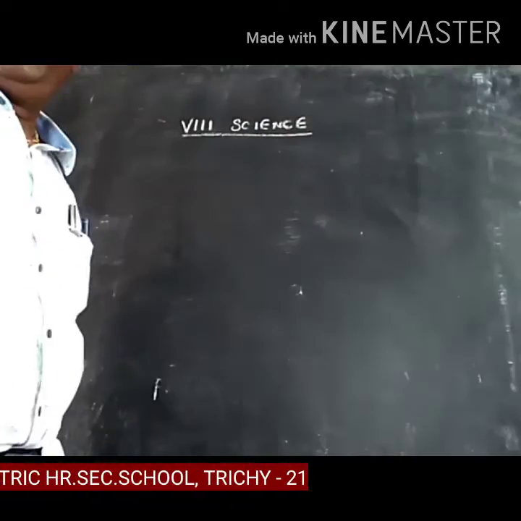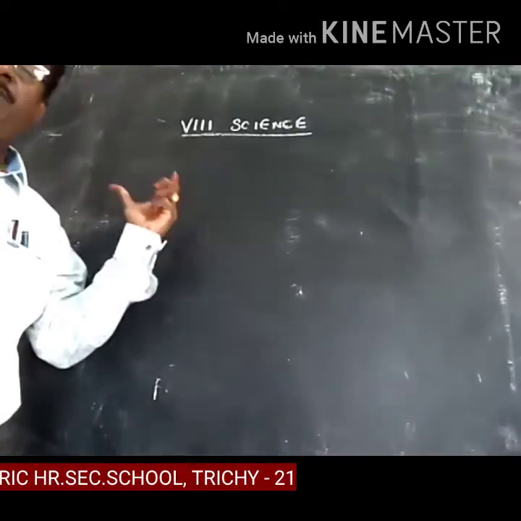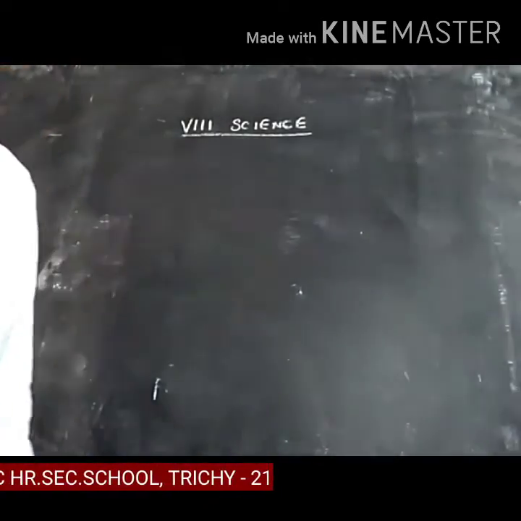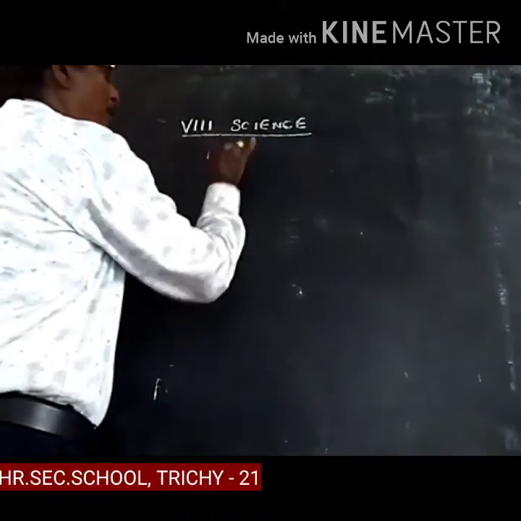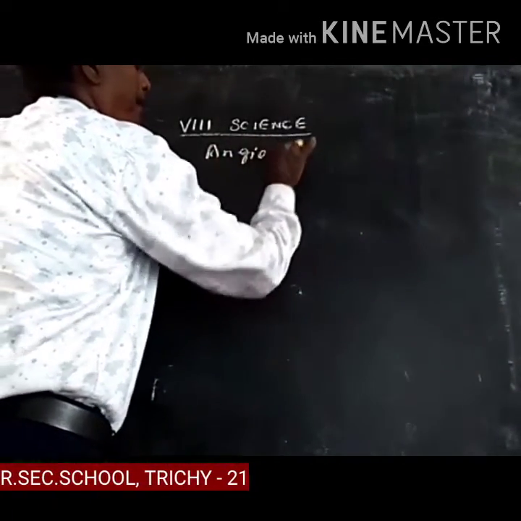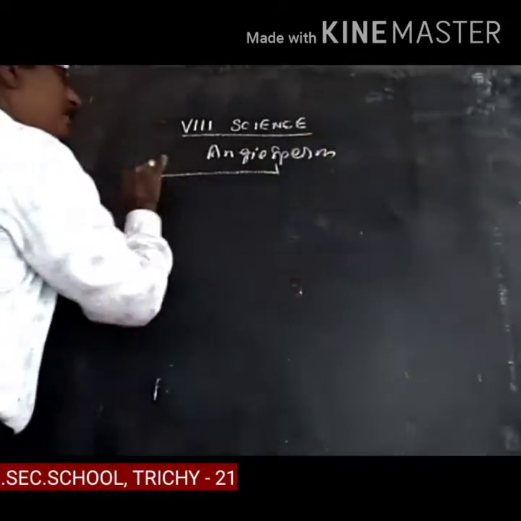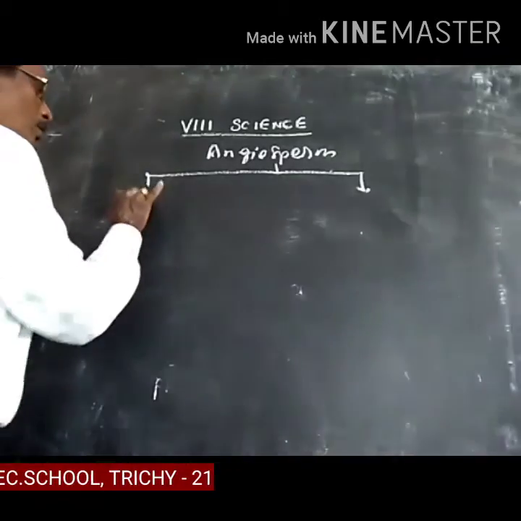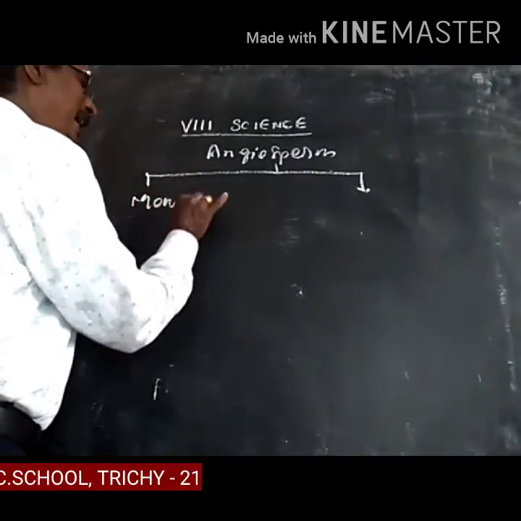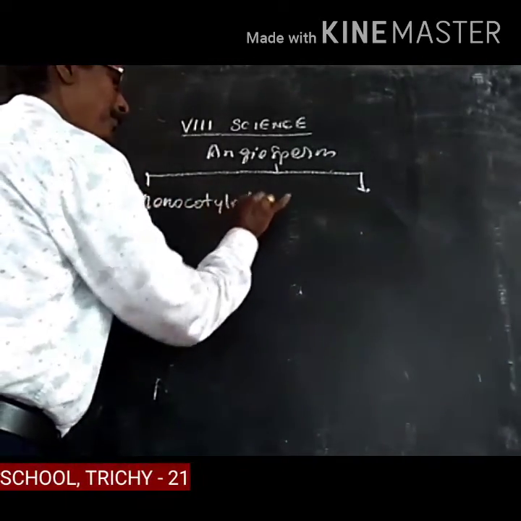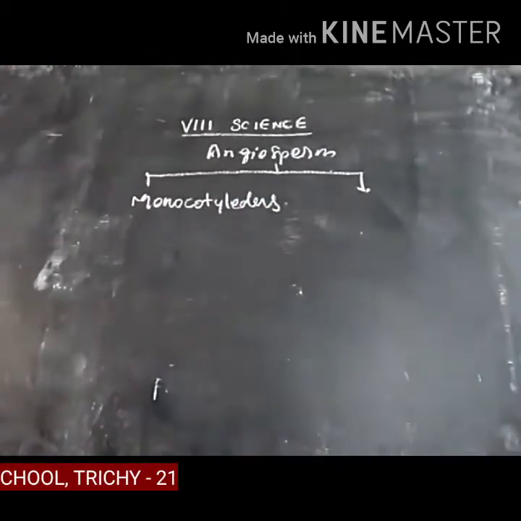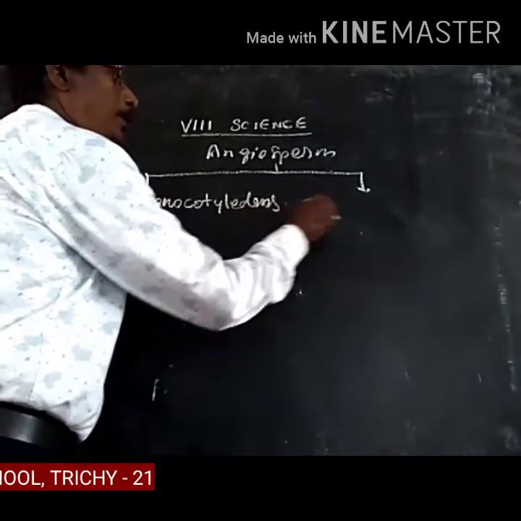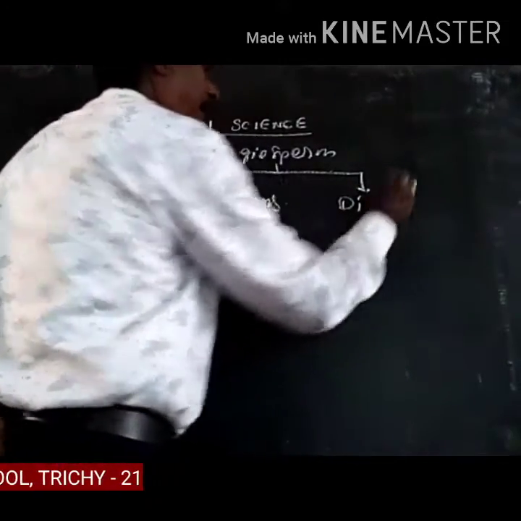Next is the classification of angiosperms. They are classified into two groups: monocotyledons and dicotyledons or dicot plants.